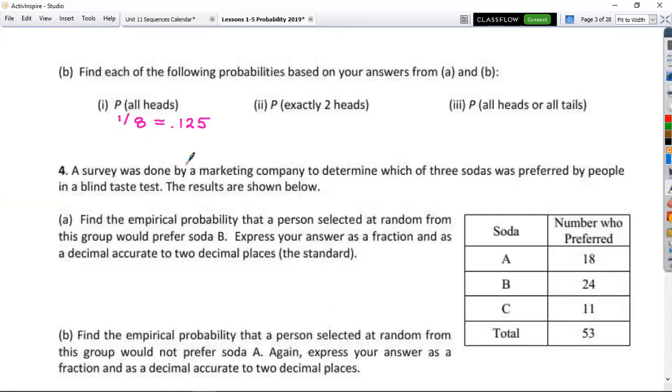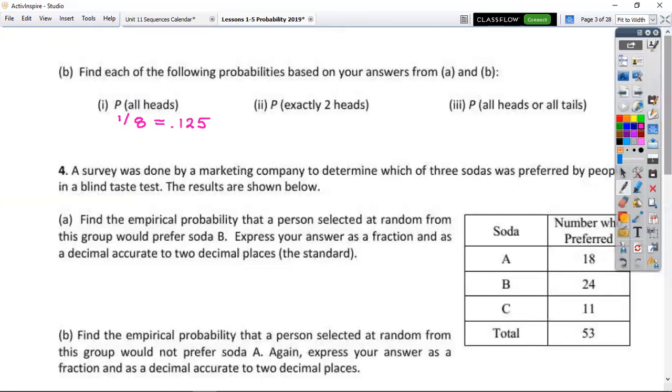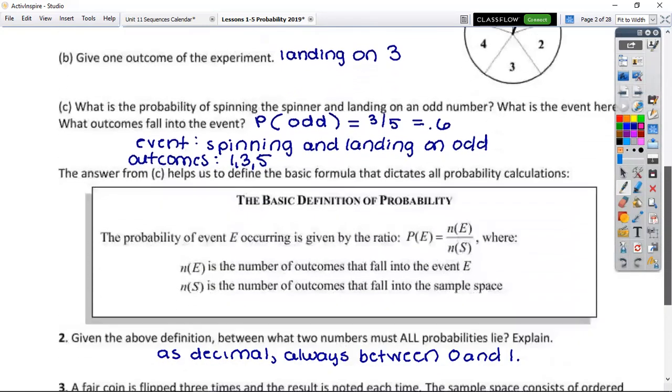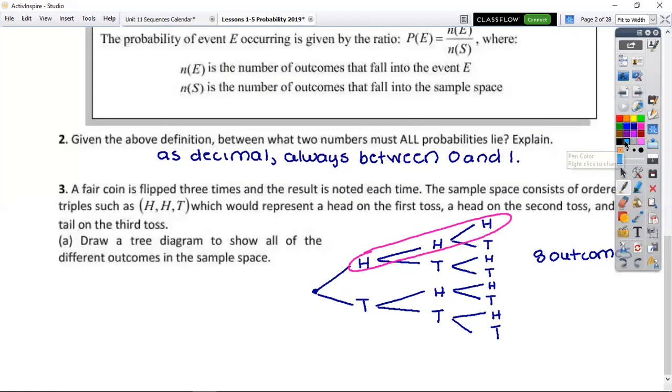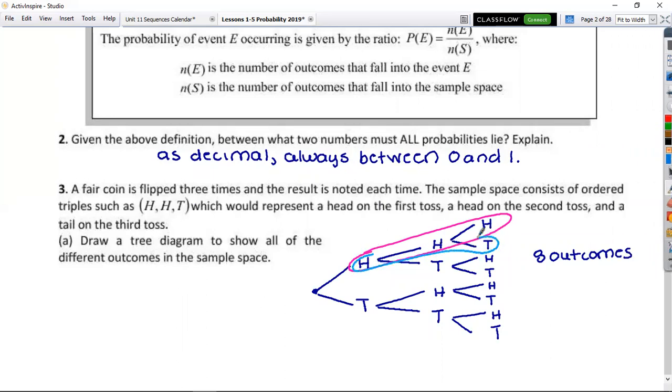All right, next one, probability of obtaining exactly 2 heads. I'm going to do this one in light blue so I can circle it for you. 2 heads. I see 1. I see 2.